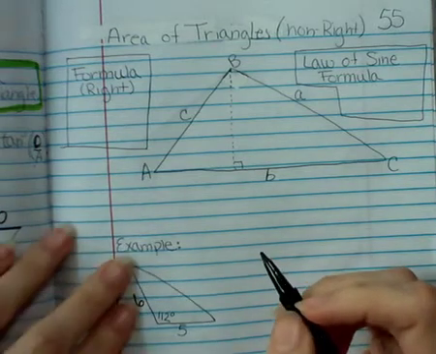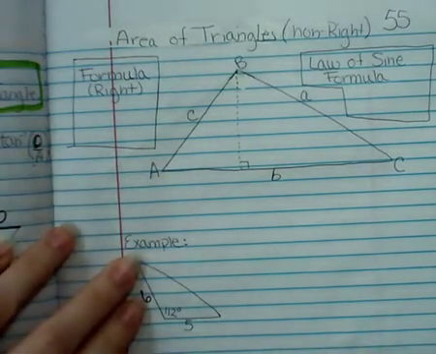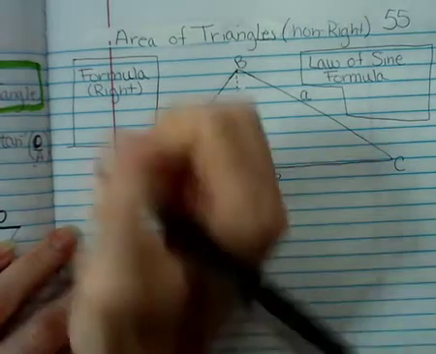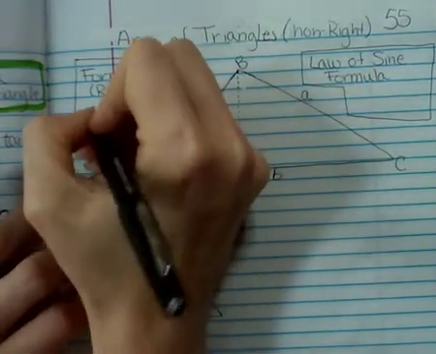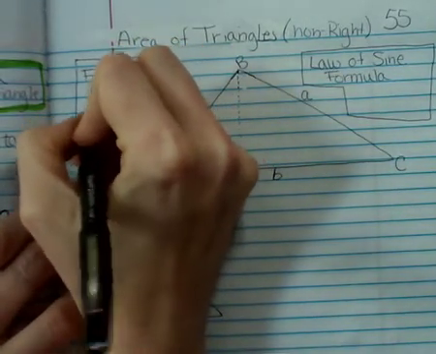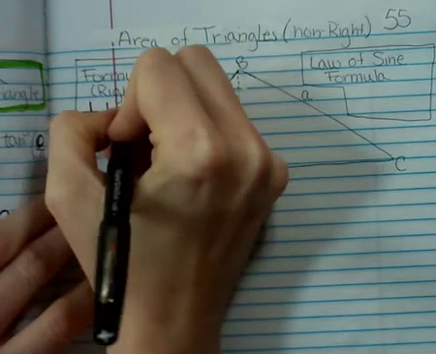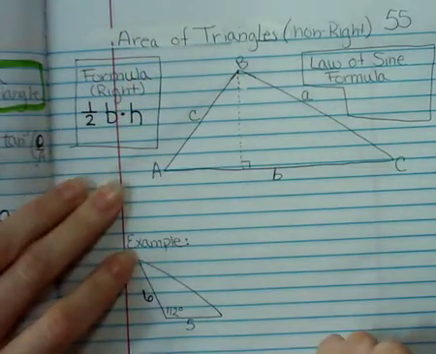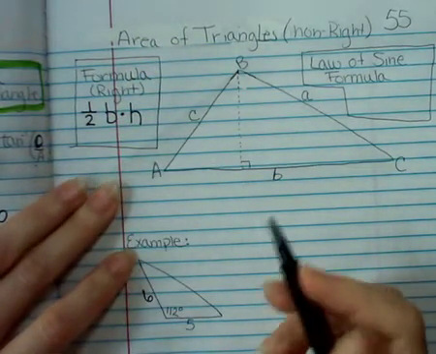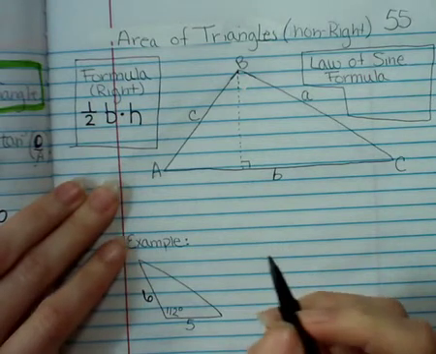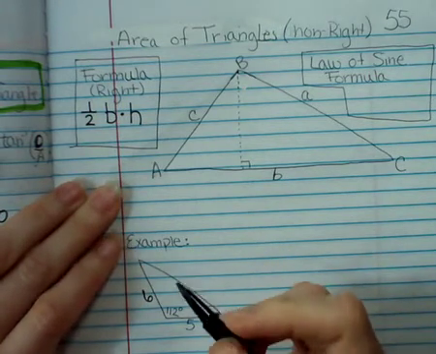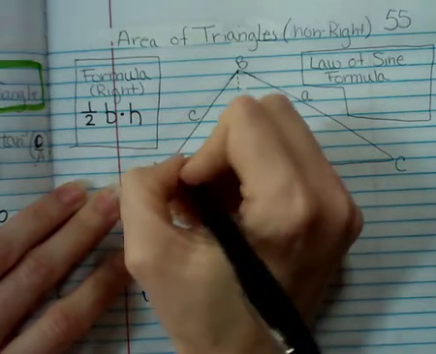All right, so remembering that when we want to find the area of a triangle, if we know the height, then we will use 1/2 times the base times the height. But in this scenario, we do not know the height. So we're going to talk about how we can use trig to help us find that height.